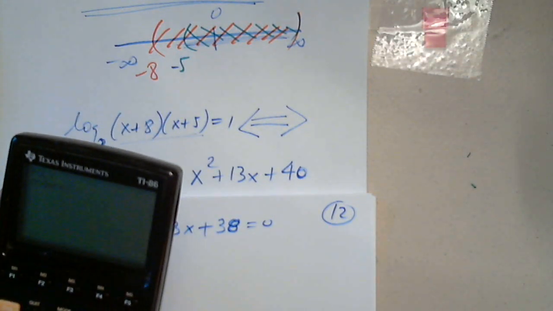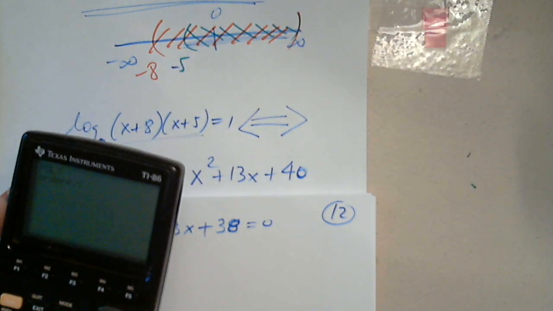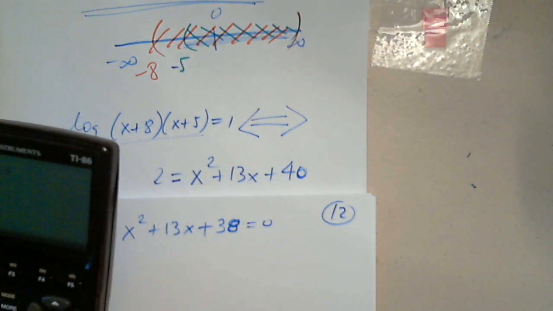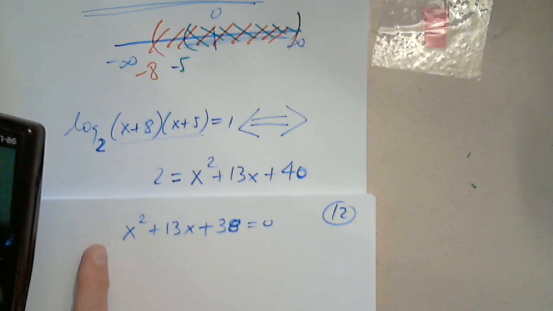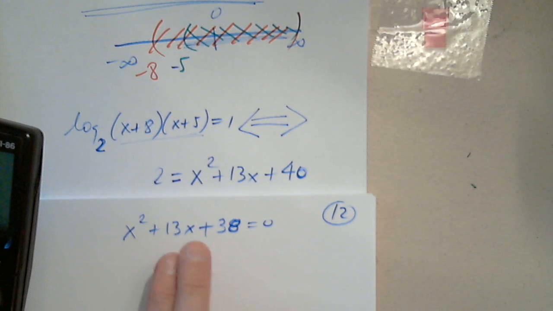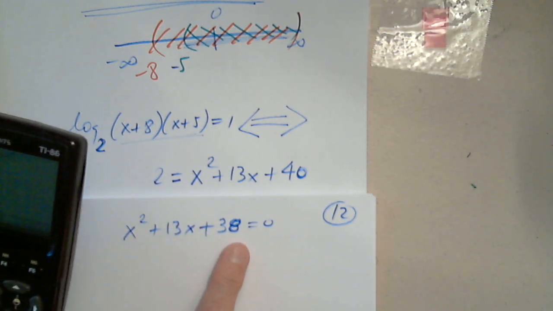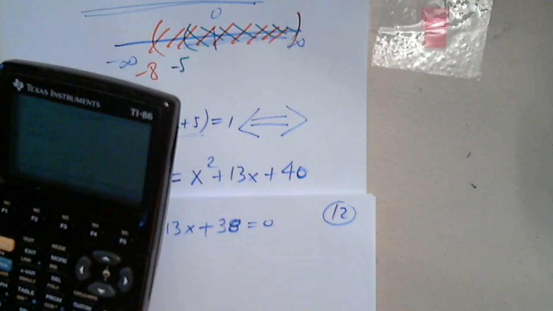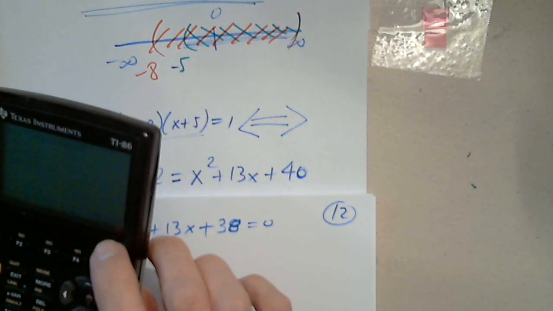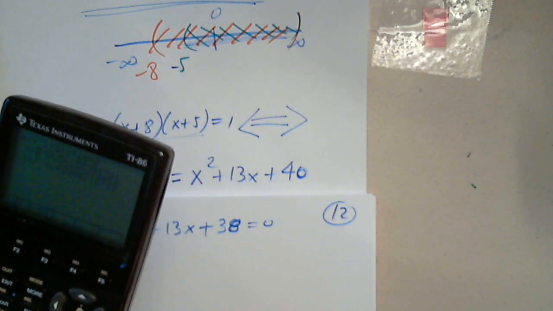By simply clicking second, poly, it's asking me for the order, which is degree 2. And it's asking me to enter the coefficients in the correct order, 1, 13, 38. If a coefficient is missing, I have to put 0. Then it has a button that says solve, and it gives me the solutions.